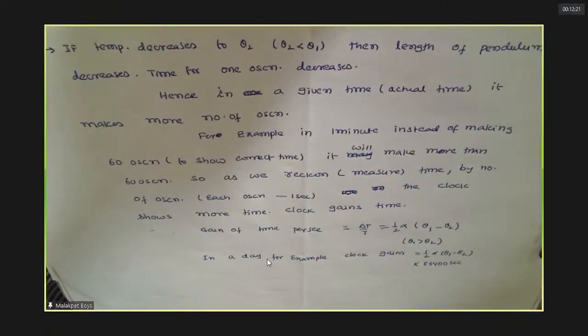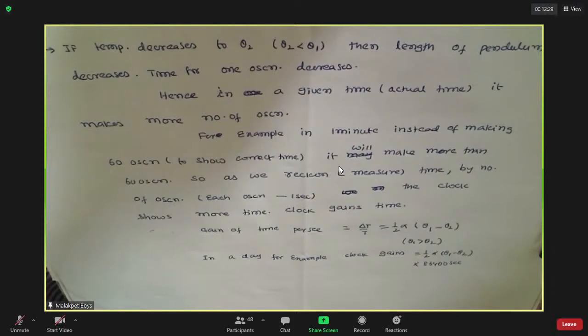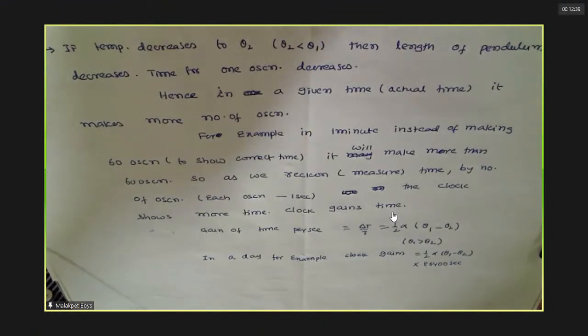Suppose the clock is made of an invar pendulum at some room temperature. Even if the season changes and the temperature may change, invar still has almost negligible expansion. That is the reason why you read chemistry, which materials will not have any variations.